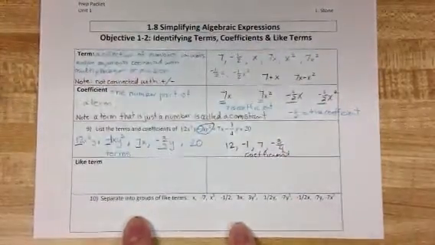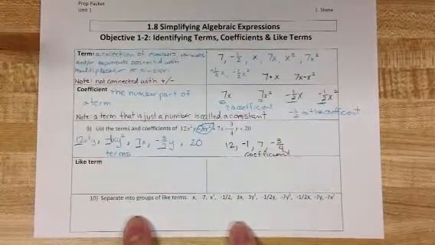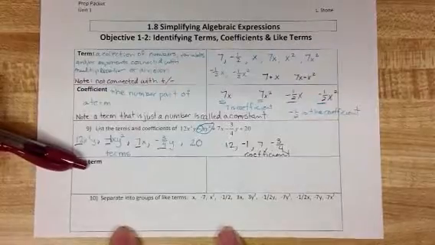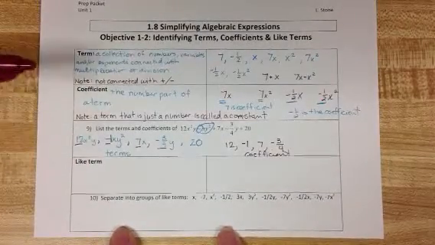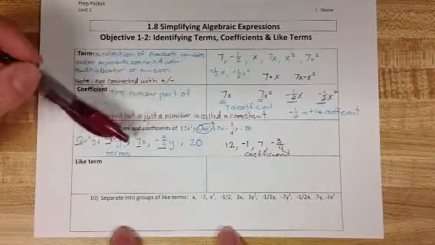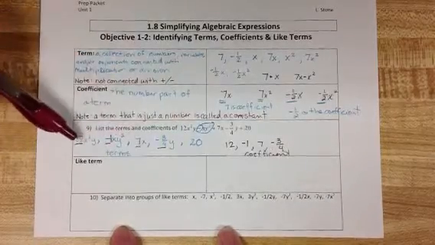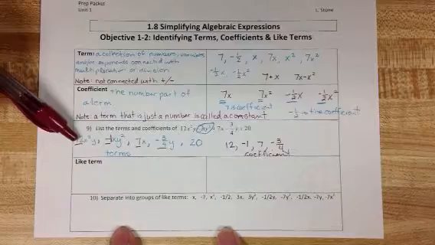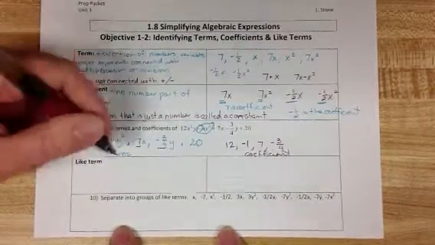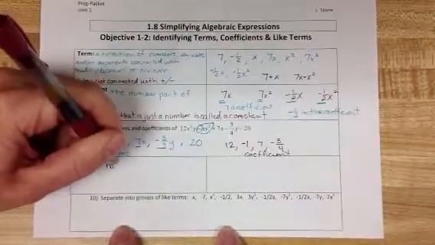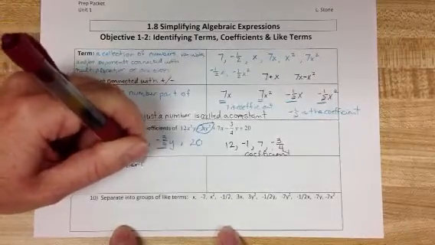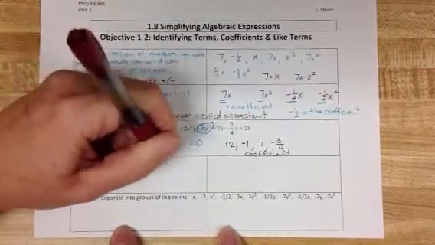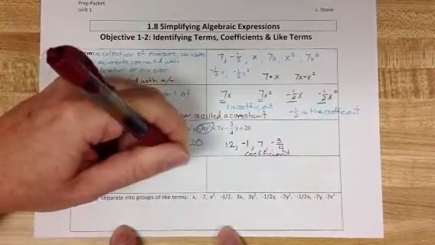Okay. The final definition for this page is looking at what it means to be a like term. Like terms are terms whose variable parts match. Their coefficients do not have to match. So a like term has identical variable parts.